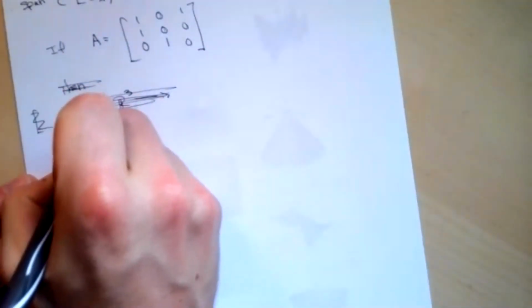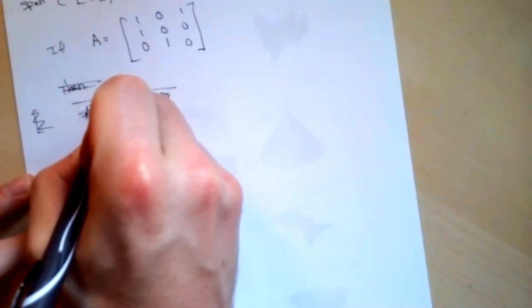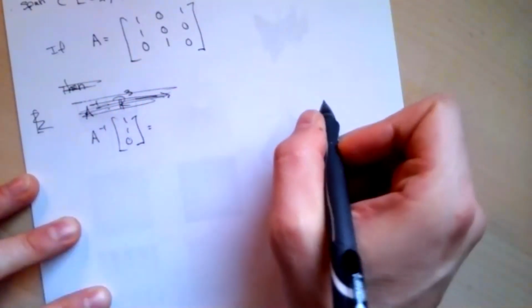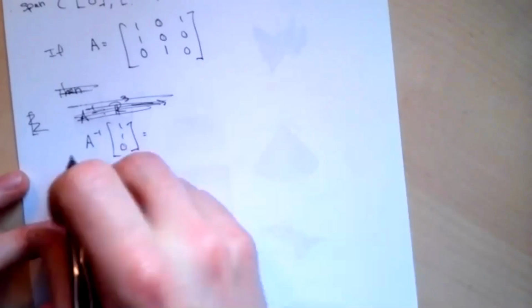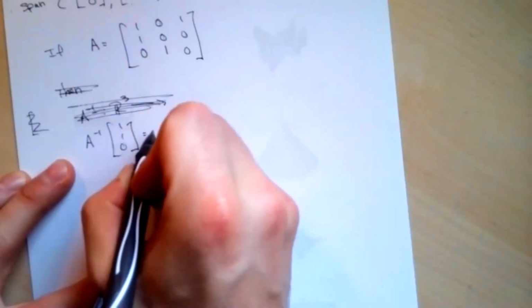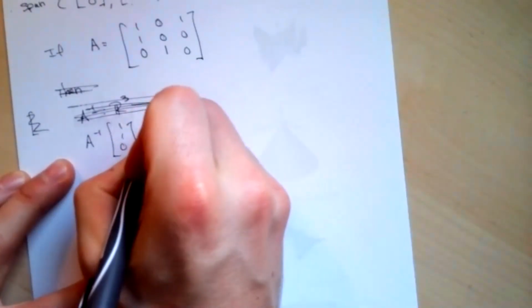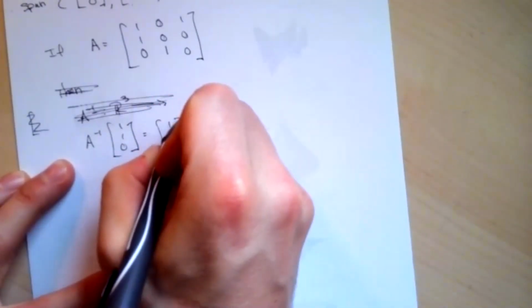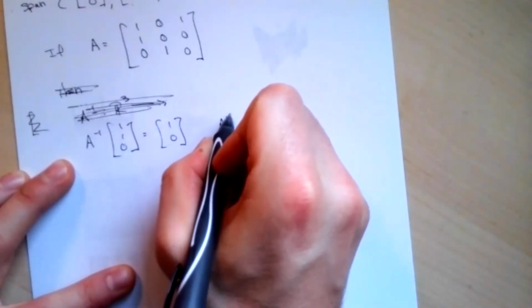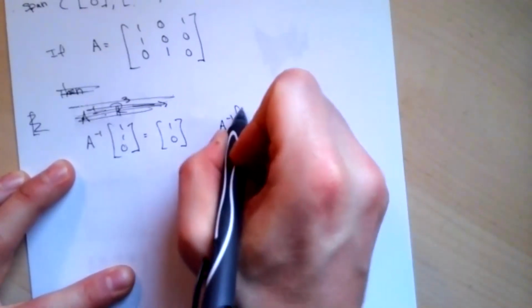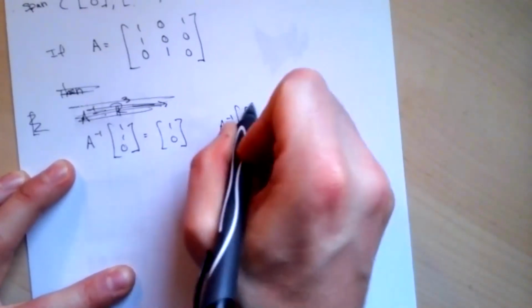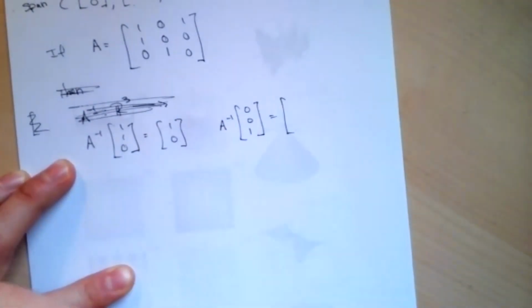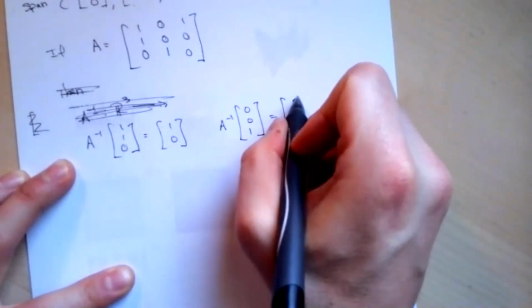We know that A inverse of 1, 1, 0 should be equal to 1, 0. We also know that A inverse of 0, 0, 1 should also equal 0, 1.